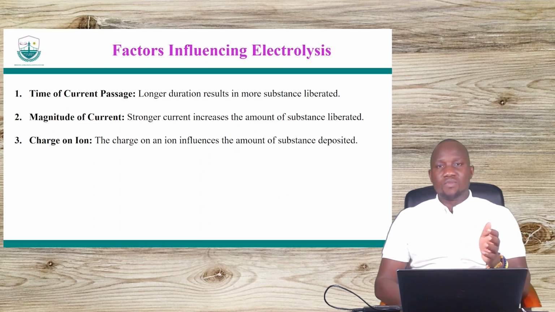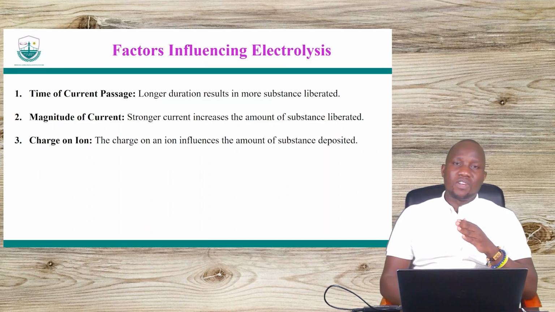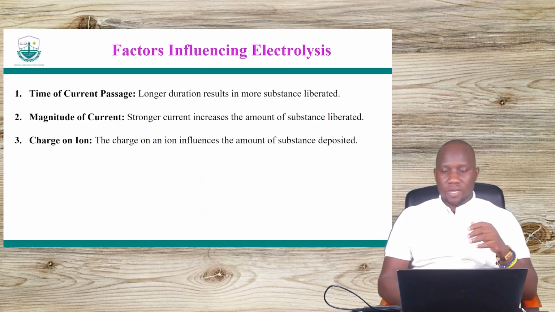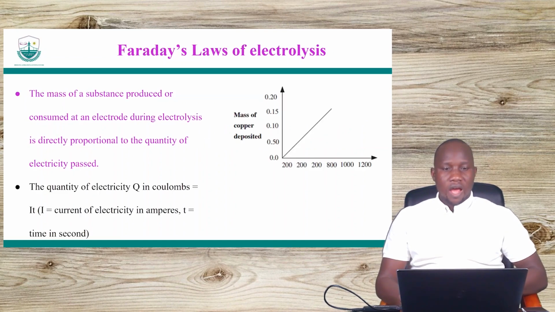The positive ones move to the negative electrode, and the negative ones move to the positive electrode. You remember that quite well. So let's start this presentation and look at the first law of Faraday.